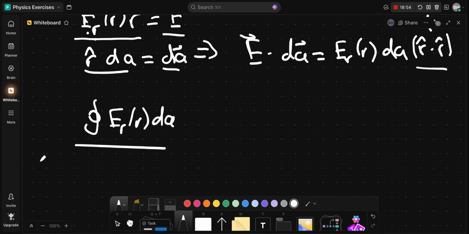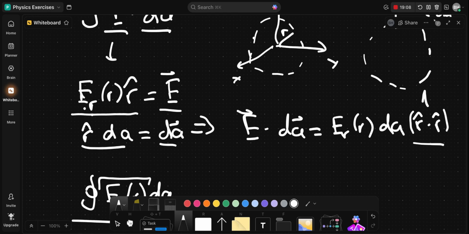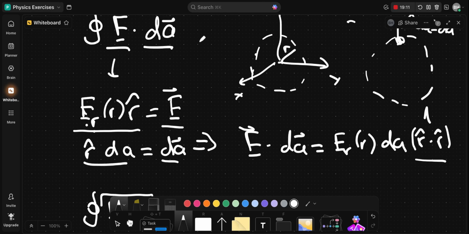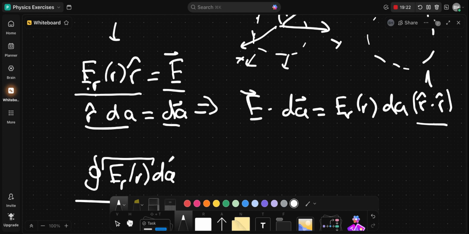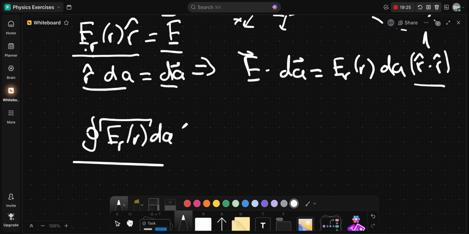Now, the second simplification is that if you go around the sphere, the radial component of the electric field is not going to change. So this simplifies our Gaussian integral, and that's not a square root, that's just something I drew earlier.